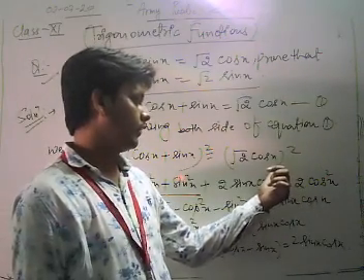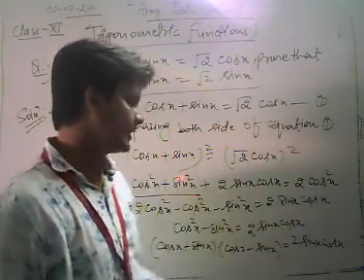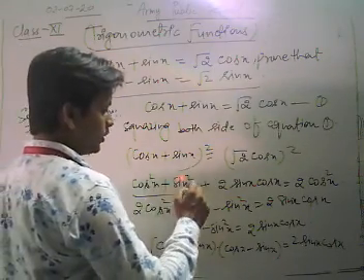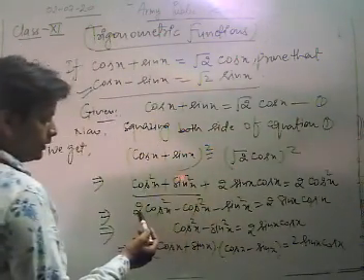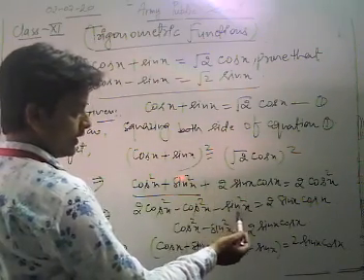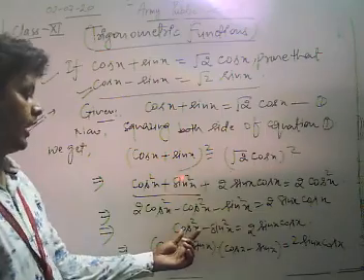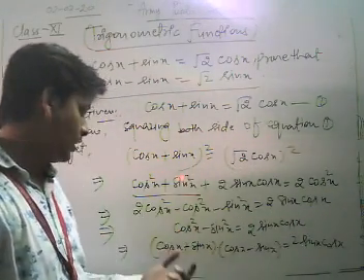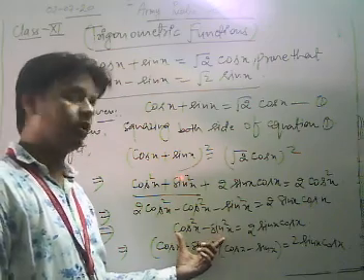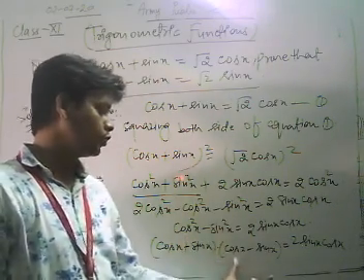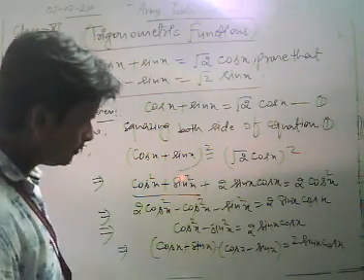When we square, we get 2 cos square x, then we transfer cos square x and sin square x to the other side, so we get 2 cos square x minus cos square x minus sin square x. So we have cos square x minus sin square x is equal to 2 sin x cos x, and here we use the identity a square minus b square, that is a plus b into a minus b.